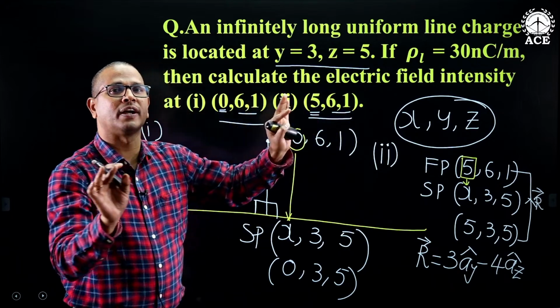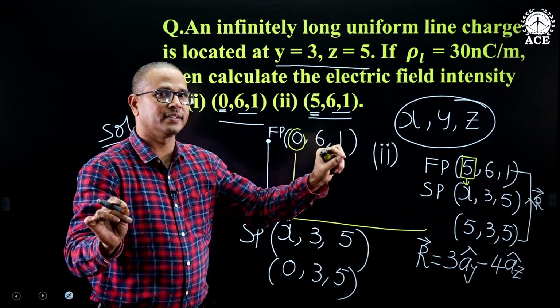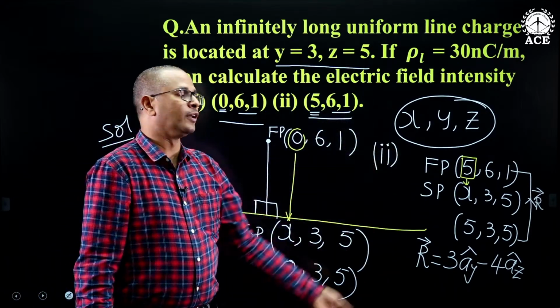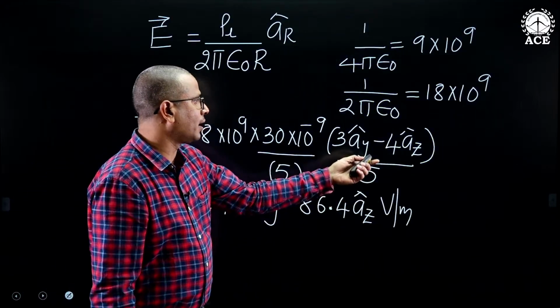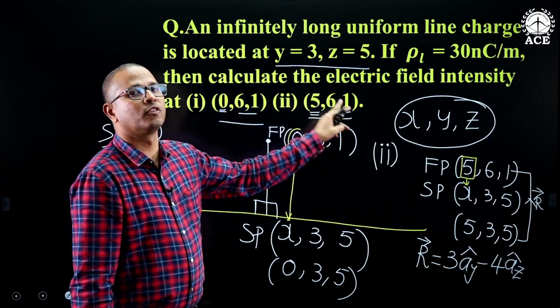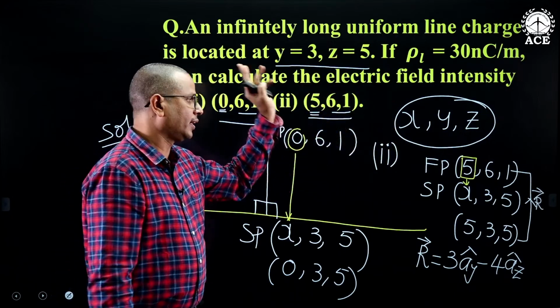There is no change in y and z coordinates. Unless there is a change in y and z coordinates, your answer is the same, because there is no change in displacement. When there is no change in displacement for the same charge configuration, you will get the same answer. So the answer for the second one is also 64.7 AY cap minus 86.4 AZ cap.